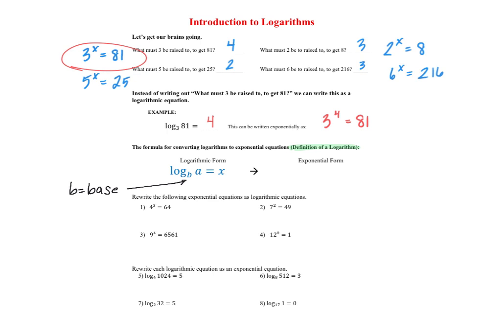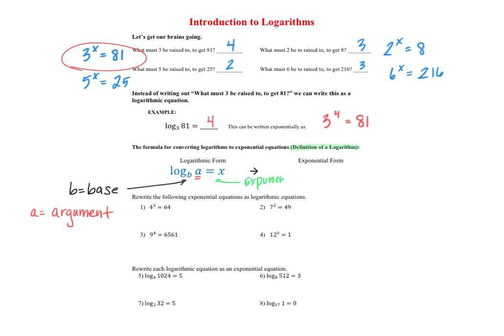A, the number inside the log, is what we call our argument. And my x, which is the value of the log, is called my exponent. This is always going to be my exponent.